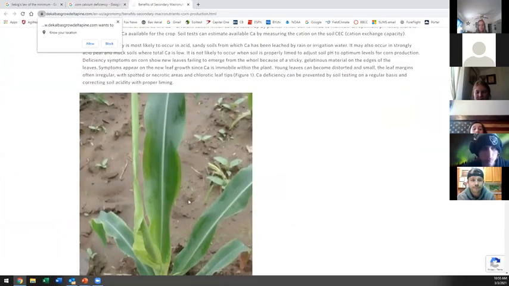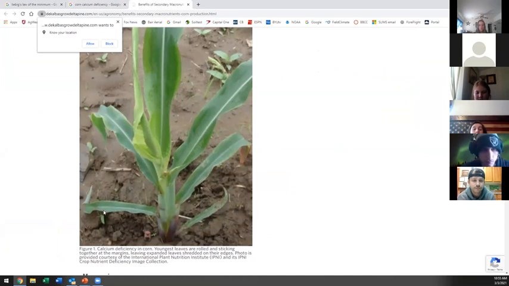Okay, here's a calcium deficiency. So look at our older tissues right here. See how those are nice and green? And then as we move up the stalk, those things are turning a shade of yellow. Okay, this is a good example of calcium deficiency.